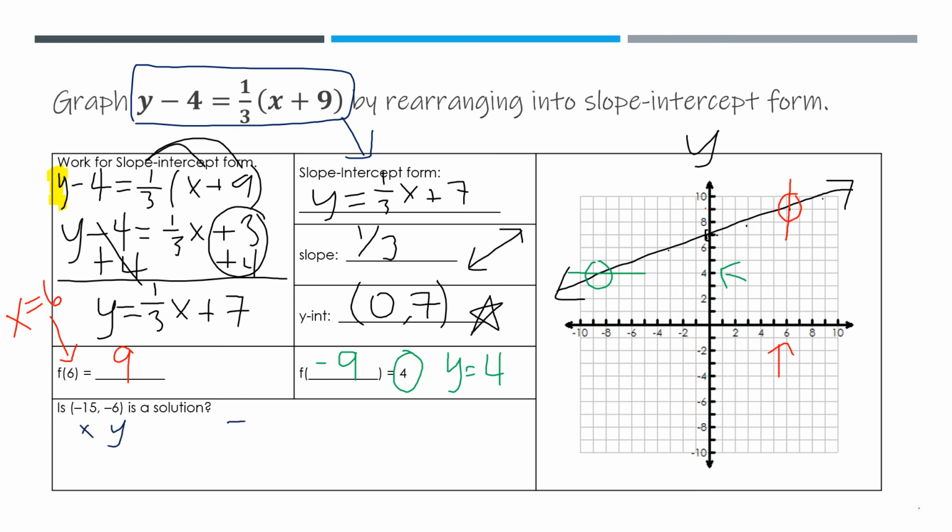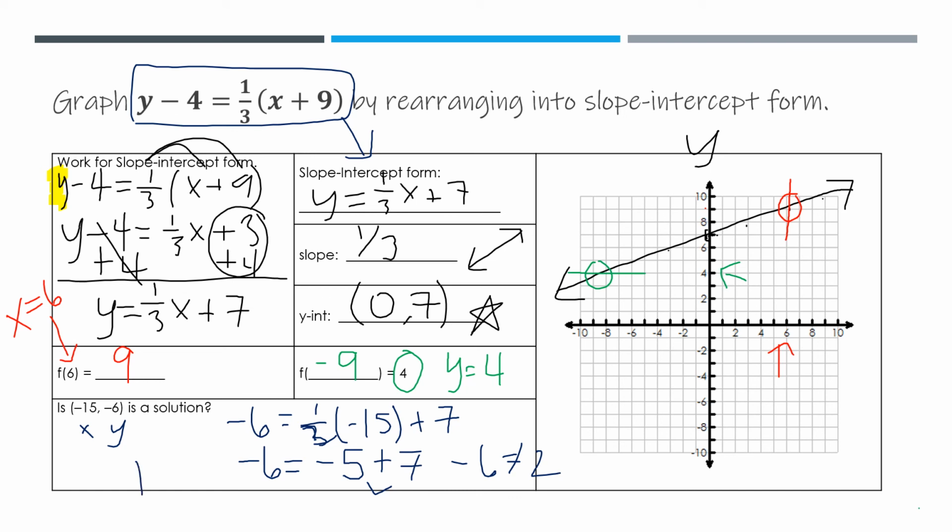So I want to see, does -6 equal 1/3 times -15 plus 7. So 1/3 times -15 is -5, plus 7, that's going to give me 2, and -6 does not equal 2. So the answer here would be no, (-15, -6) is not a solution.